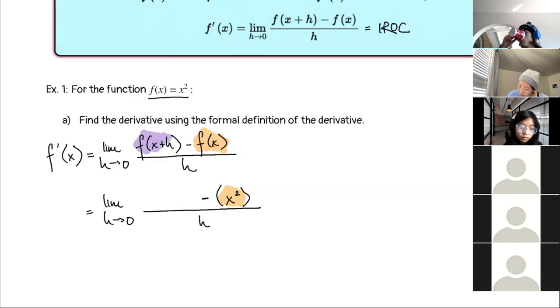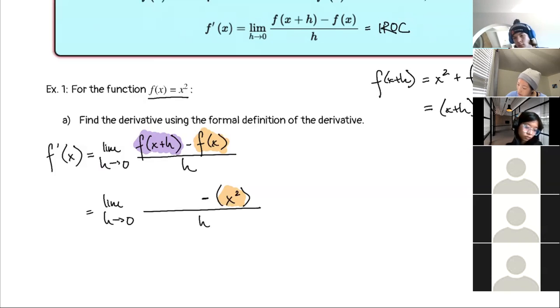What can we put in for f of x plus h? Okay, this is probably where I see most of the mistakes. Let's write these ideas down to the side. F of x plus h could be equal to x squared plus f of h, could be equal to x plus h squared.